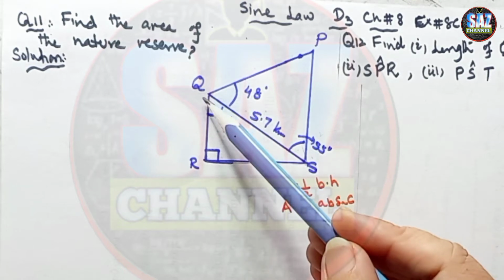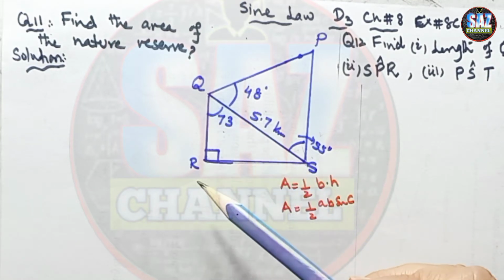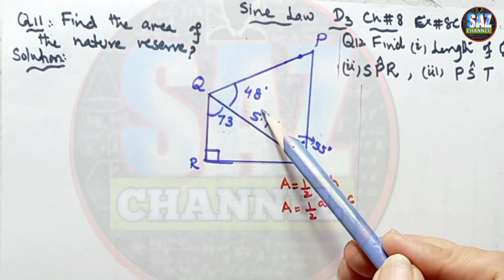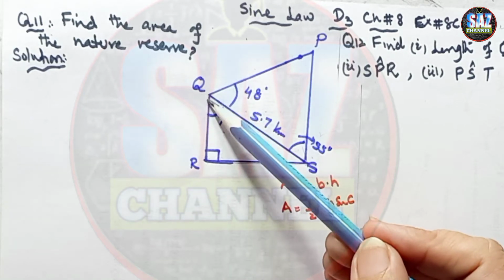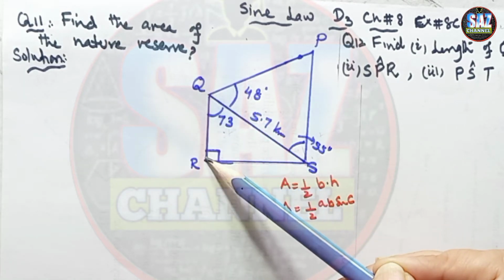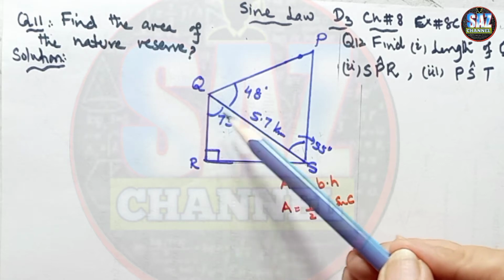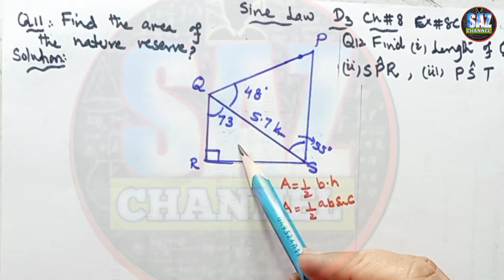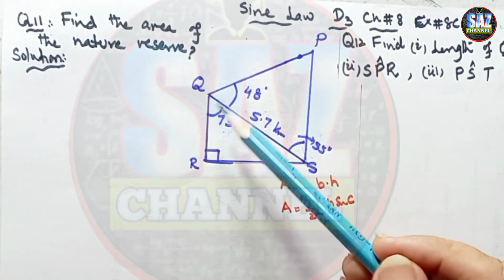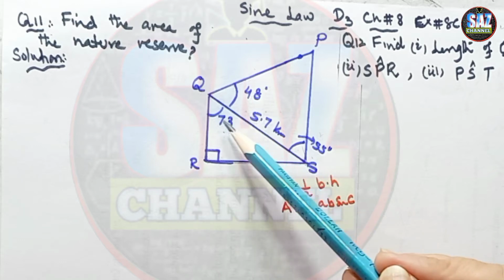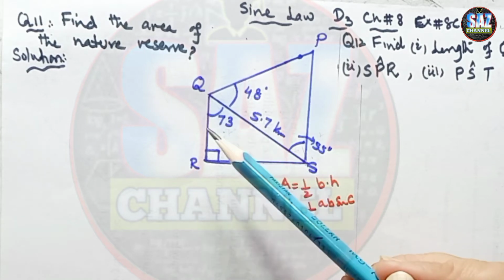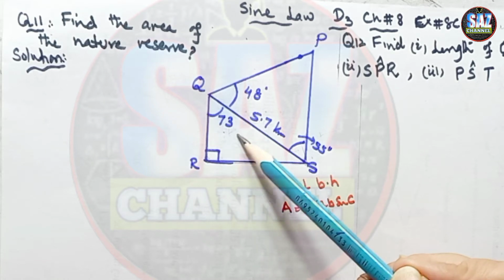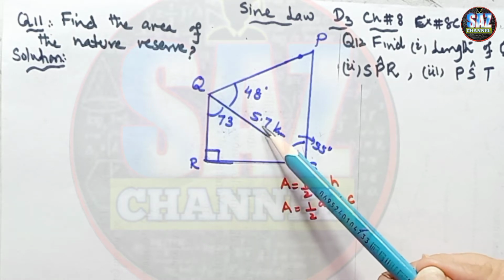If we look at triangle QRS, that's a right triangle given to us, and one acute angle is given over here and one side is given. If we find the QR side of this triangle and apply the formula for the area, half ab sine C, we can get the area. Then we have to think: with reference to 73, what is the relationship of QR, and with reference to the 90 degree angle, what is the relationship of 5.7?